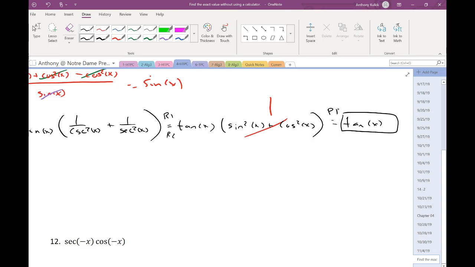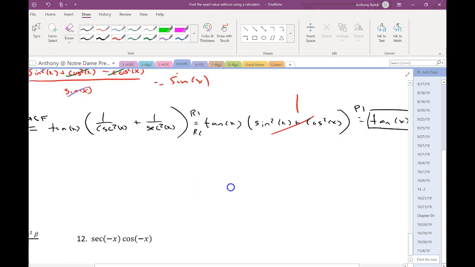Yeah. Sine squared plus cosine squared is 1, right? That's what P1 did. All right.